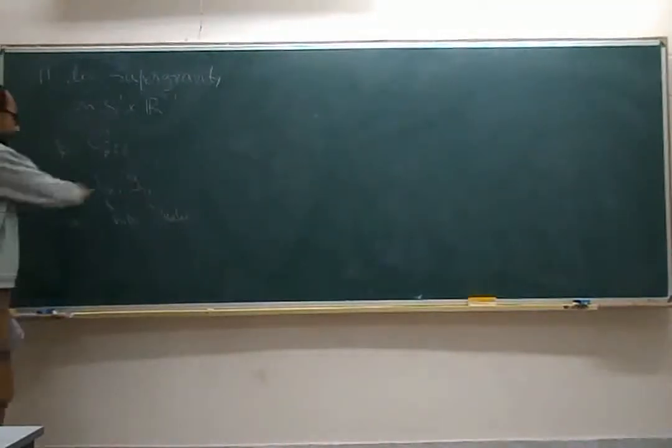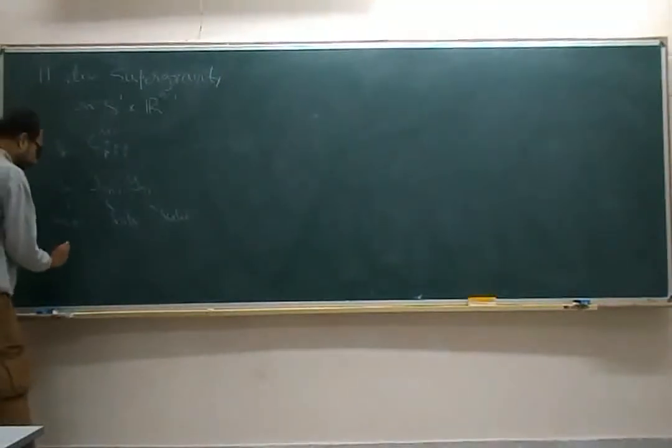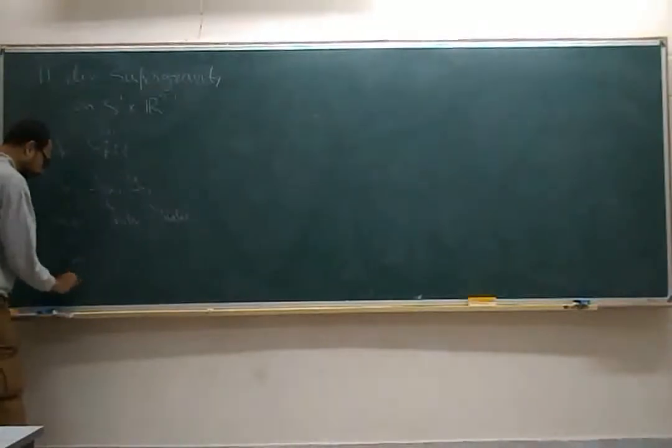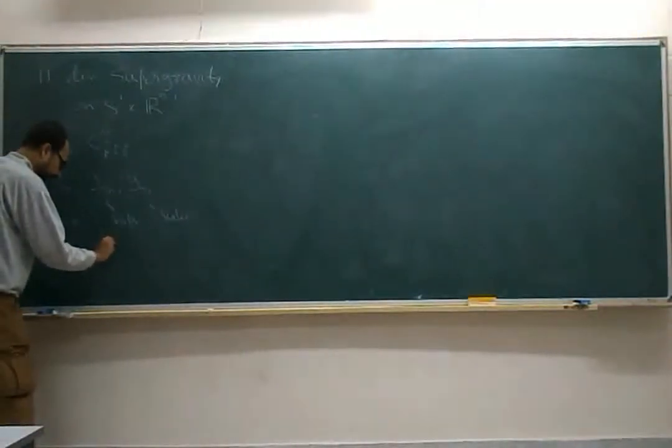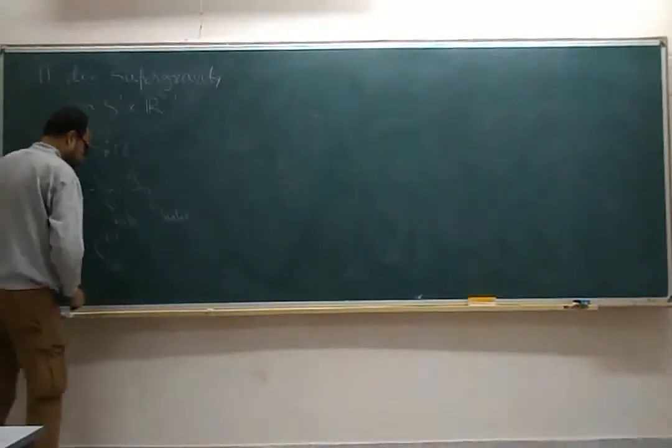Okay, so these are the three fields that you get from a metric, and then from C3 you get C3 mu nu rho, which is a three-form, and C3 y mu nu. So this is a two-form.